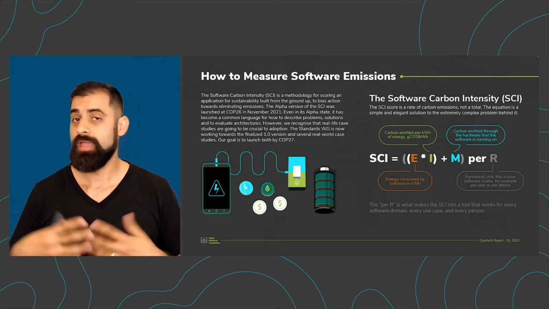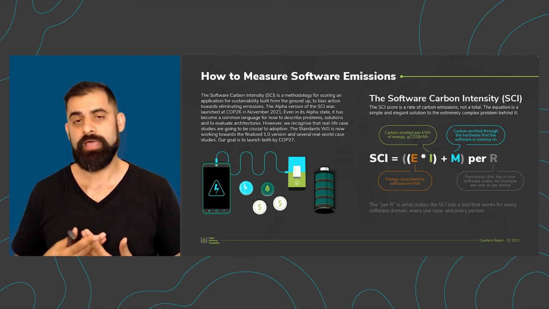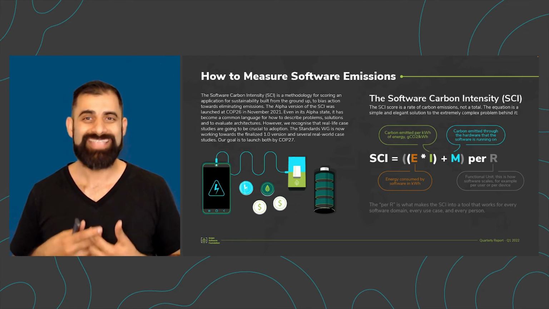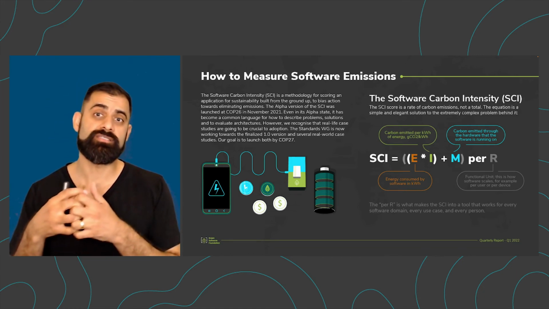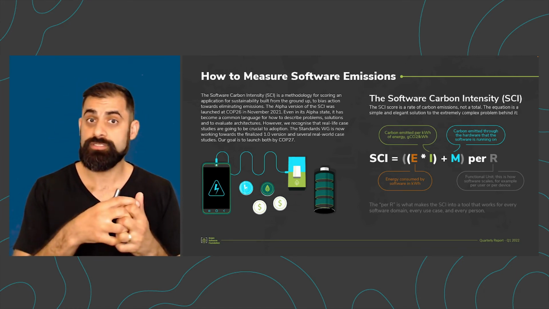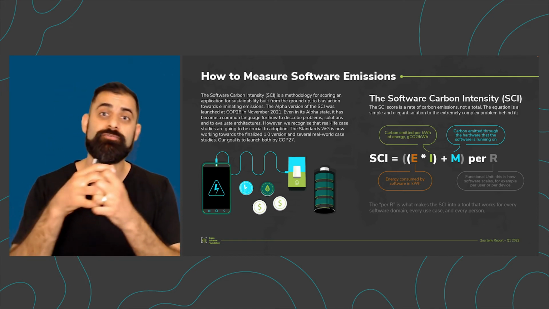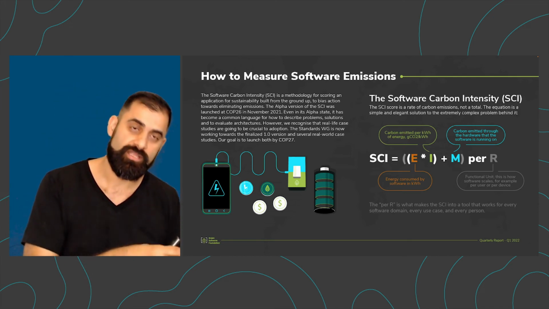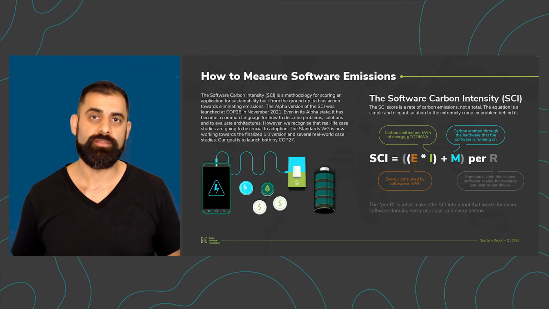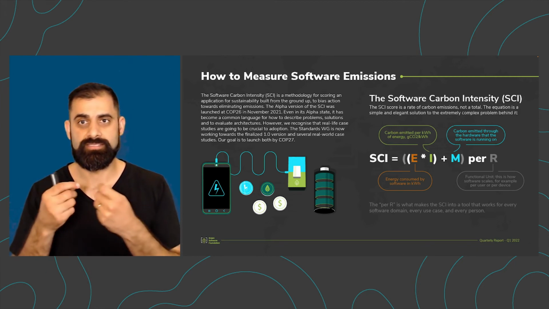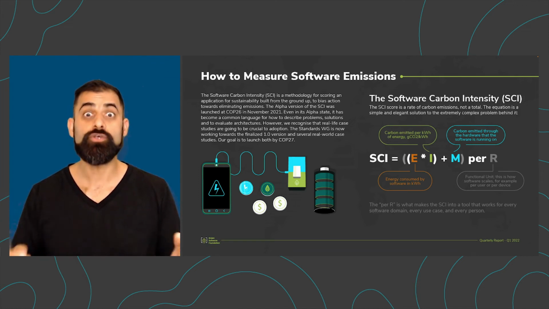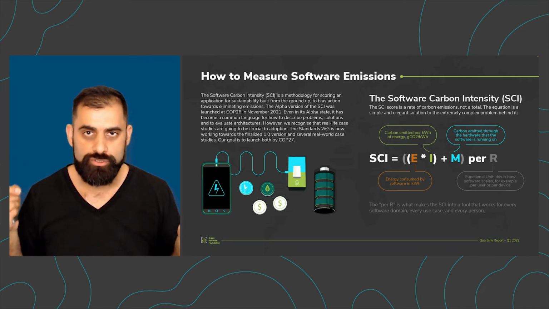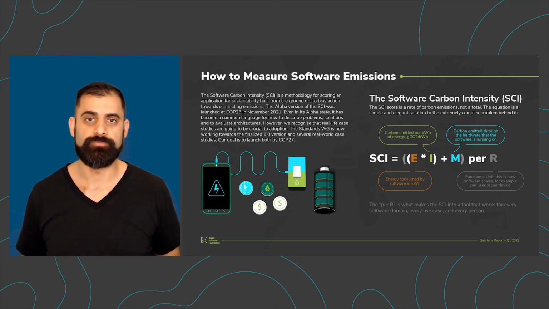The SCI is many different things, but one of the most powerful things is a common standard way of discussing software emissions, of discussing different architectural choices and how one choice might affect the carbon emissions versus another choice. That's a wonderful thing about the Software Carbon Intensity standard: providing a standard way of even talking about the subject, but also a standard way of measuring and scoring a software application.